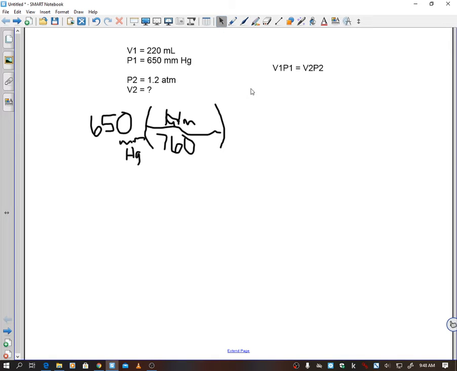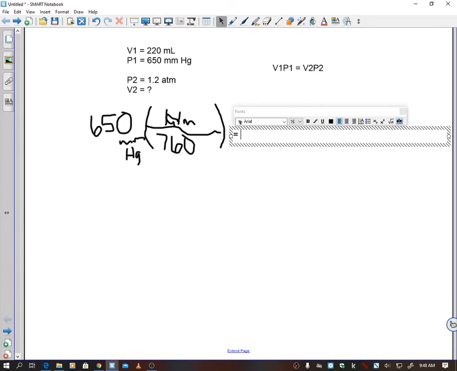All right, so I'm going to take 650 divided by 760 and just type this part. Let me get my calculator out. I did the opposite on my paper, turning my atm into millimeters of mercury. So 650 divided by 760 is 0.855 atm.